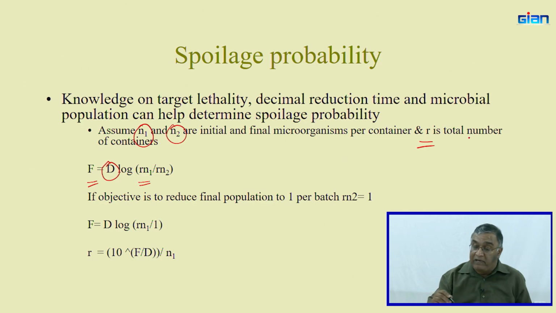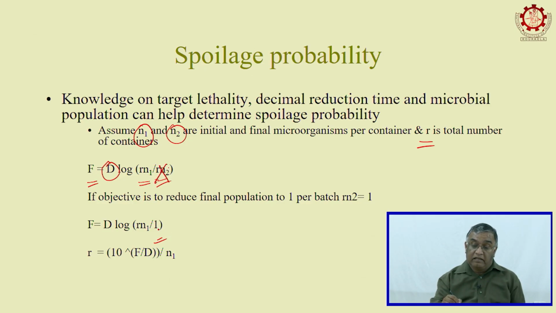The final population is again R cans with population N2. If your probability of spoilage is reduced to 1, then this becomes 1. Then, rearranging the math, you can calculate R as 10 power F over D, divided by N1.